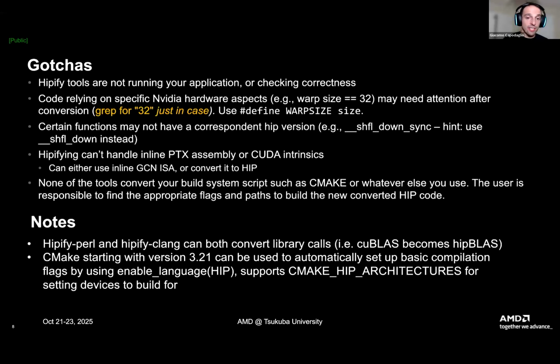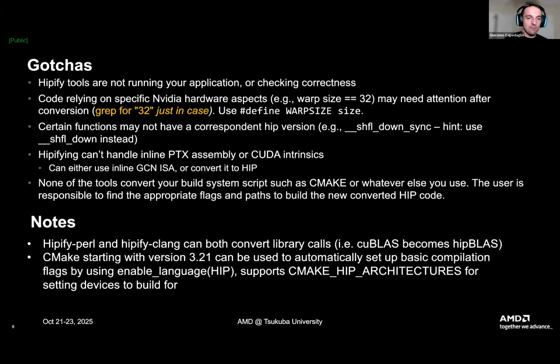For what concerns the gotchas, and this specifically refers to the hipify tools that we just talked about. As I said, they don't check for correctness. You have to watch out for hard-coded warp size variables, such as 32, for instance. If you're coming from CUDA, you can grep on 32 just in case.